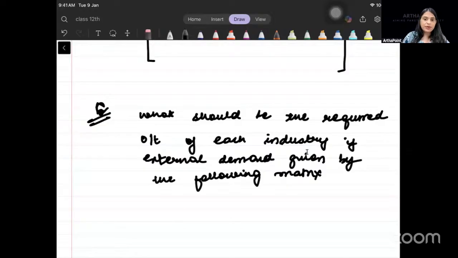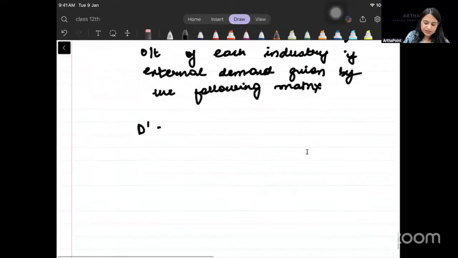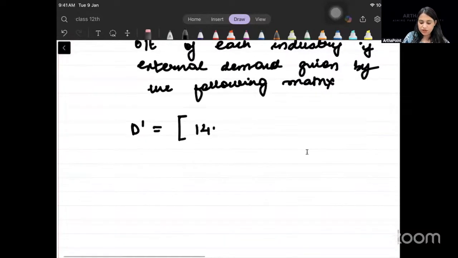D dash is equal to 140, 40, 50 and 60. So this is simple.